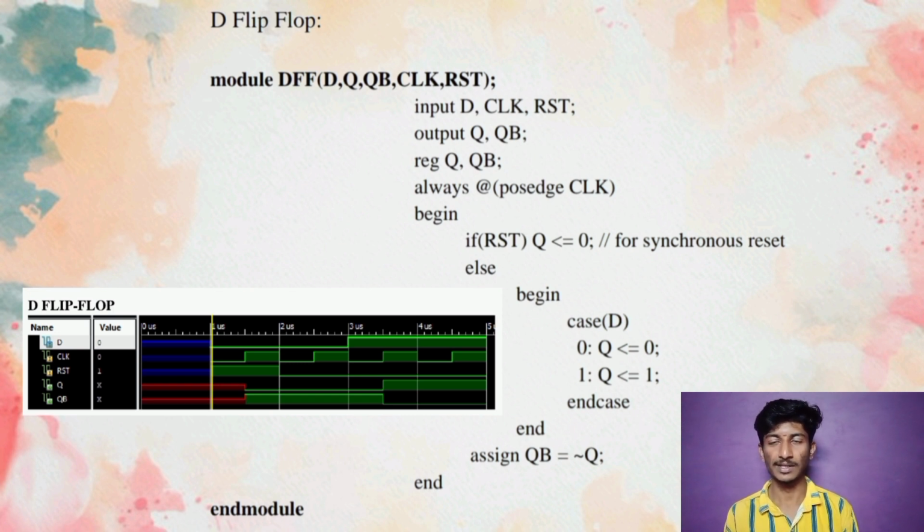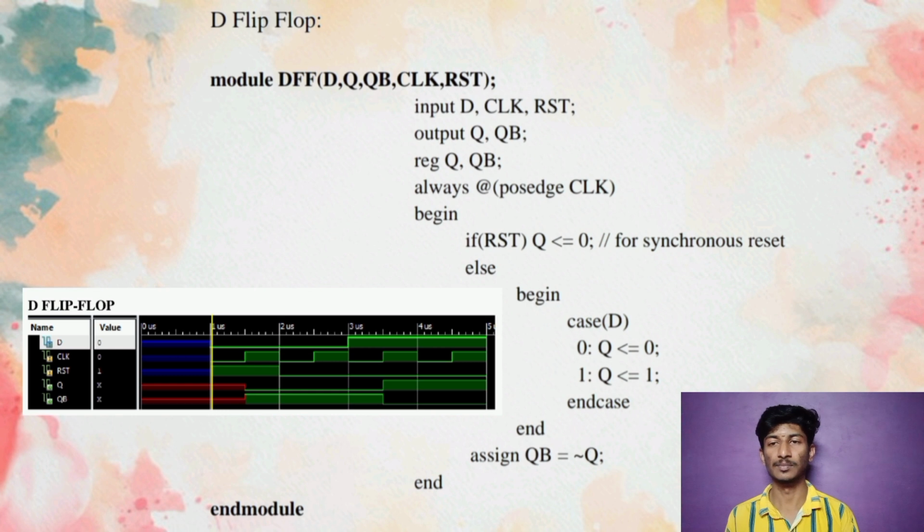Q and QB will be registers in this code. The next part is always at positive edge of clock, that is usually 1. It begins. If reset is 1, it will reset the value of Q as 0.